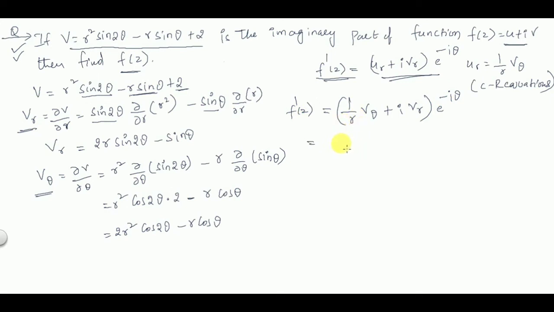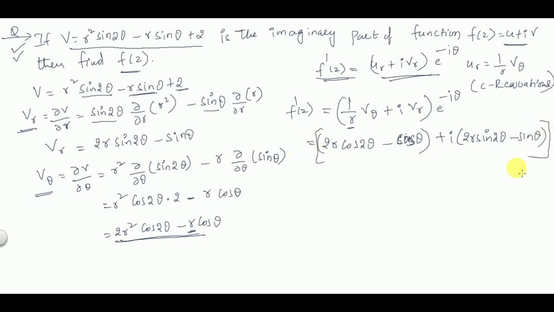With 1 by r into V theta, the r and r get cancelled, so you get 2 cos 2 theta minus cos theta. Vr is 2r sine 2 theta minus sine theta, and this total is multiplied by e power minus i theta.